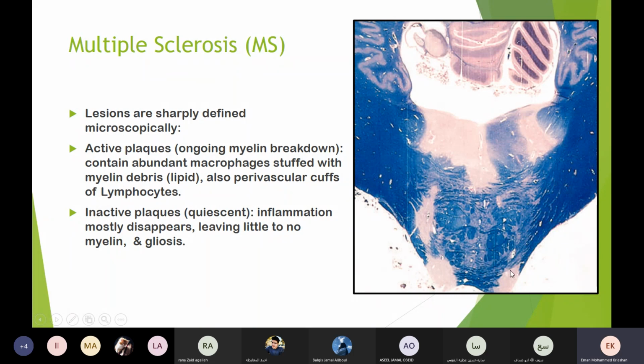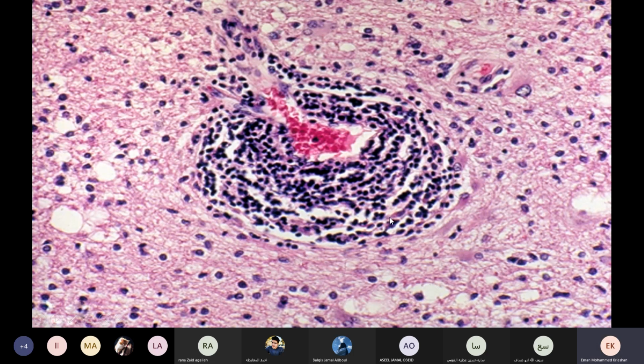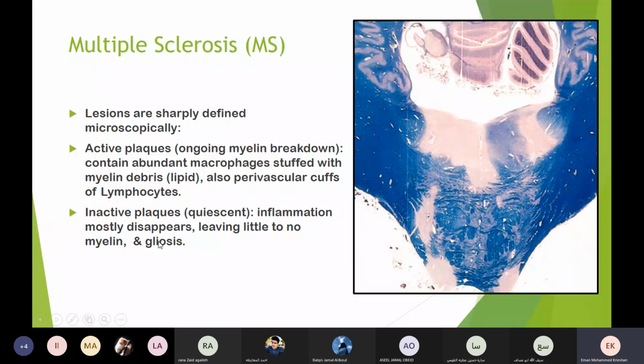And there is also lymphocytic cuffing, a perivascular cuff of lymphocytes. The inactive plaque becomes pale, quiescent; the inflammation has disappeared, but we have some gliosis, and the whole area is replaced by fibrosis, which results in these large plaques of MS.